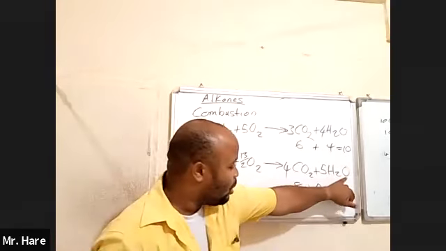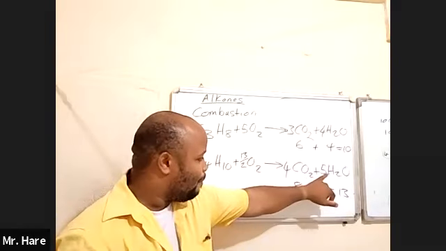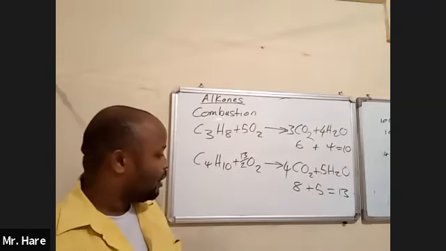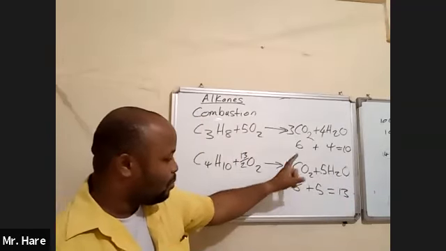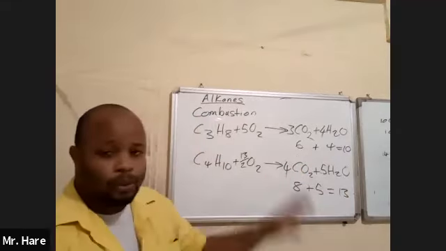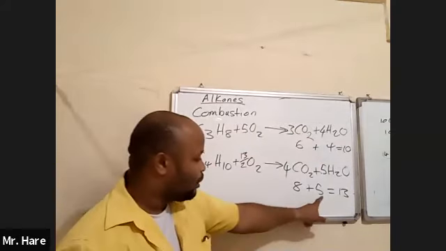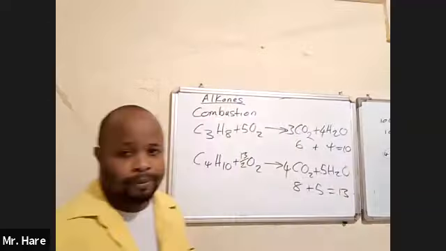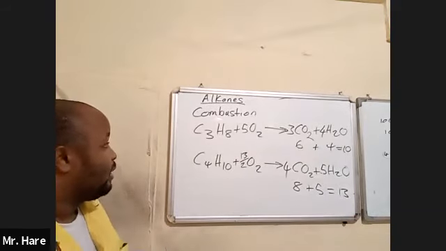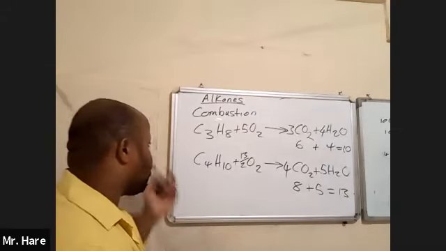Then we have 1 atom of oxygen in water, but we have 5 moles of it, so 1 times 5, that is 5. So we have 8 oxygen from CO2 and 5 oxygen from H2O. The total amount of oxygen on this side is 8 plus 5, which is 13. All right, so we have to move on to the next reaction of alkane, which is cracking.